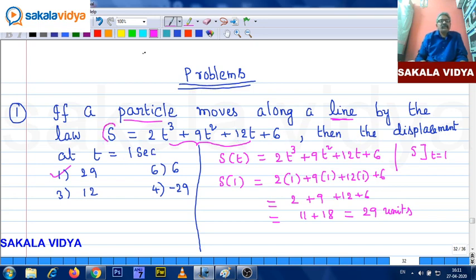S represents displacement, a function of t: S of t is equal to 2t cube plus 9t square plus 12t plus 6. Now S at t is equal to 1 you need to calculate. Put t as 1: 2 into 1 cube, plus 9 into 1 square, 9 into 1, plus 12 into 1, plus 6. That is 2 plus 9 plus 12 plus 6, which is 11 plus 18. So, 29 units is the answer. That means the first option is the right option.